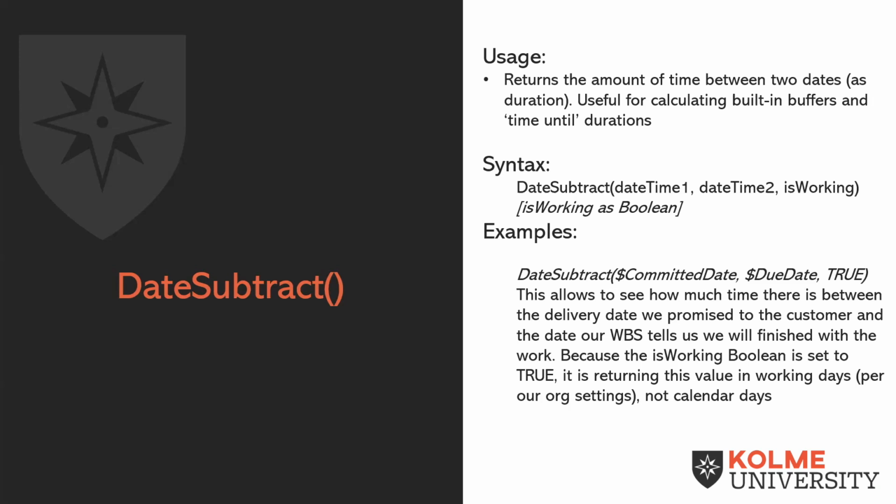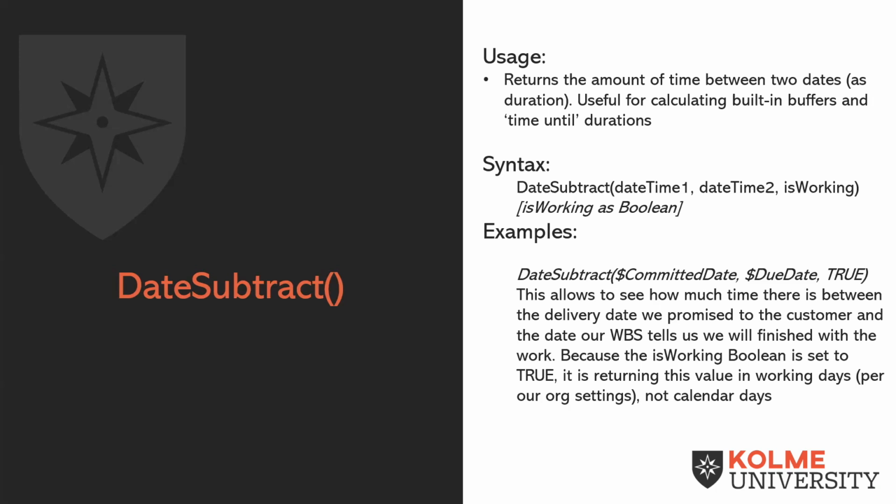However, the system is going to want to know, are we taking into consideration working days or calendar days? So if the third parameter is true, the system knows that you are trying to calculate working days. And if the parameter is false, the system knows you are looking for calendar days.